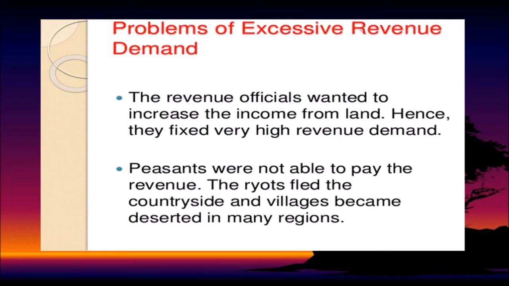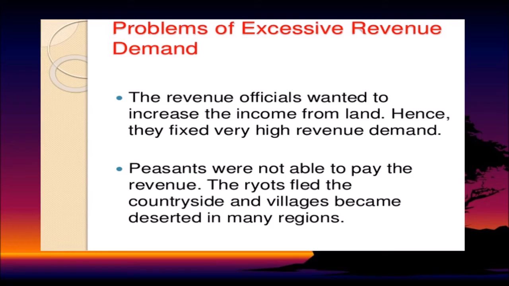The peasants were not able to pay the fixed tax by the Britishers. And so these landowners, what happened? They just left their villages and went away, or some of them just stopped working on the land, some of them gave away the lands because they were not able to cultivate without the money.